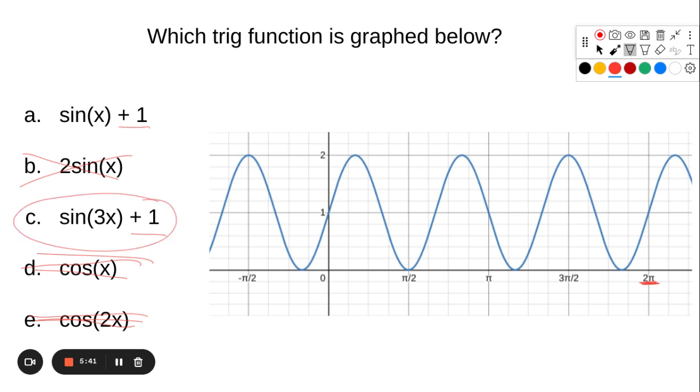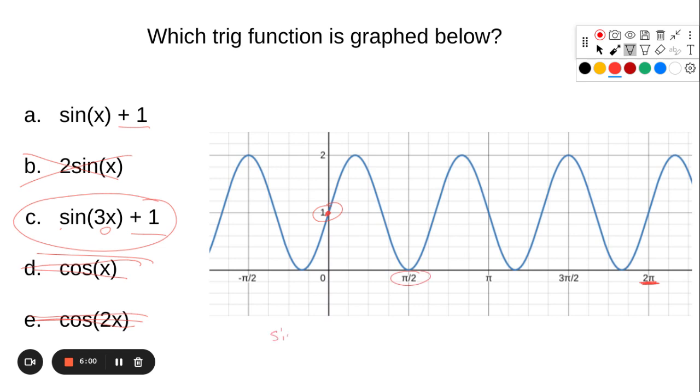If you want to do the thing where you plug in a point, say you plug in 0 for x. Sine of 0 is 0, and then 0 plus 1 is 1. Now pretend you plug in pi over 2.